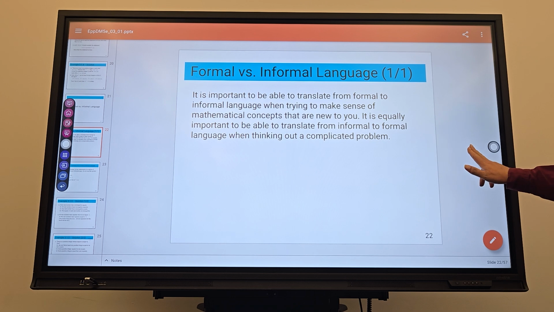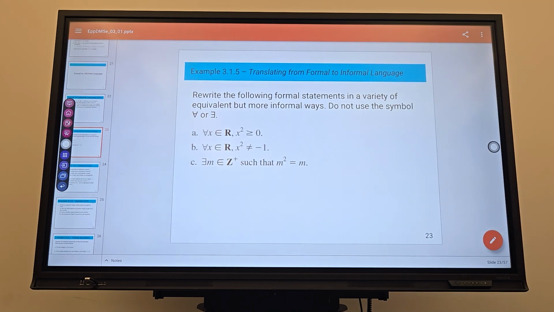This takes you through translating the formal to informal. For all x in R, x squared is greater than or equal to 0. For all x in R, x squared is not equal to -1. There exists an m that's an element of the positive integers such that m squared equals m.